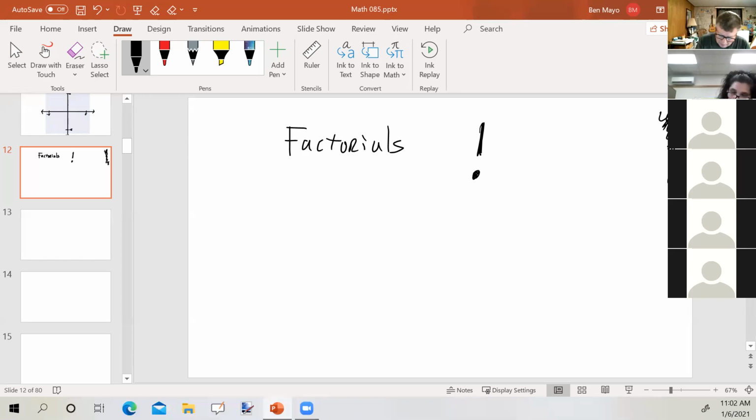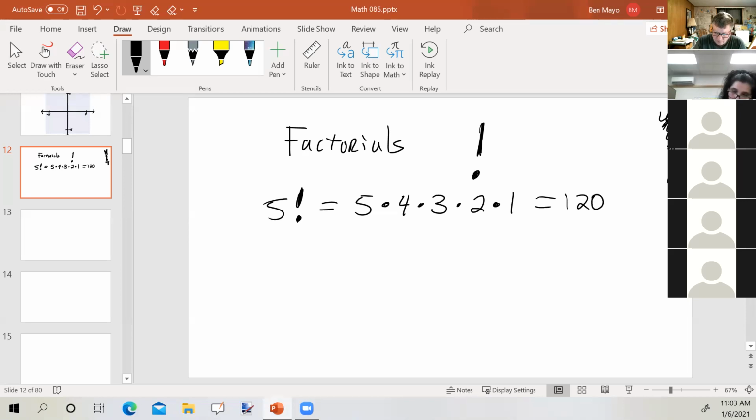Now, if I have 5 factorial, that means I have 5 times 4 times 3 times 2 times 1. 5 times 4 is 20, times 3 is 60, times 2 is 120, times 1 is 120. So 5 factorial equals 5 times 4 times 3 times 2 times 1, or 120.